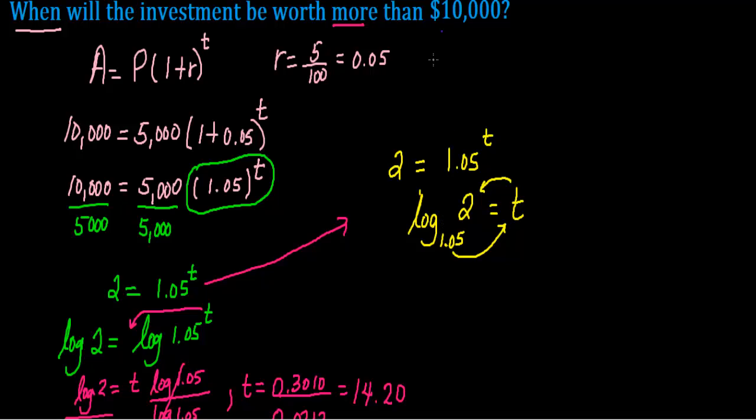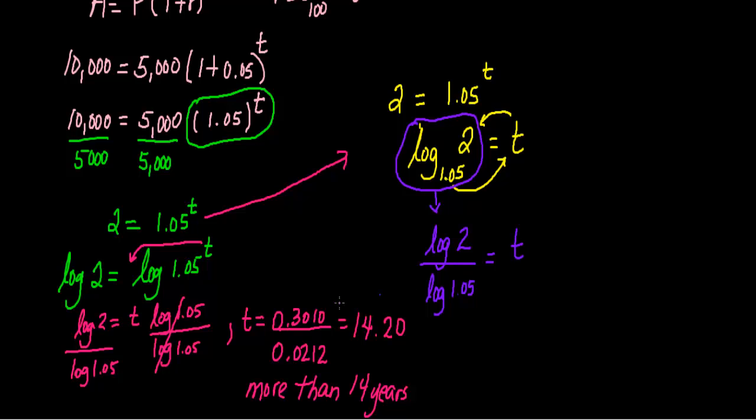And the way you do that is you write log base 10 of 2 divided by log base 10 of 1.05 equals t. And if you notice, this expression is equivalent to what we have right here. You end up having the same thing. The only thing different with this option is you have to remember the change of base formula.